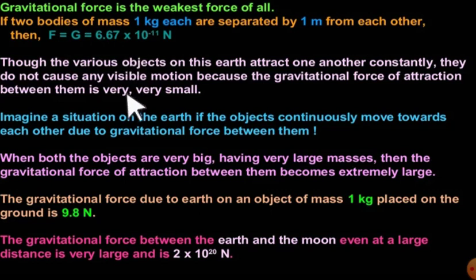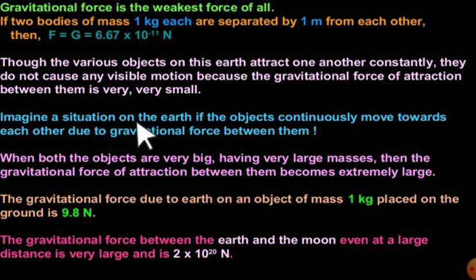Though the various objects on this earth attract one another constantly, they do not cause any visible motion because the gravitational force of attraction between them is very small. Why? Because the masses of the two bodies under consideration are very small, and even though they are very close to each other, the force is very weak and may not be realized.